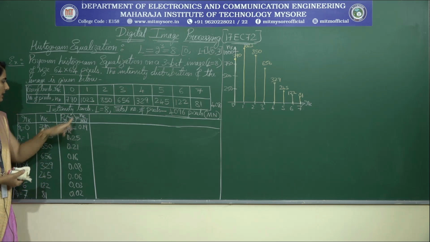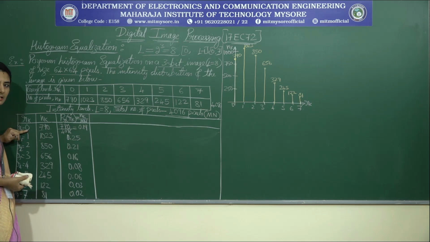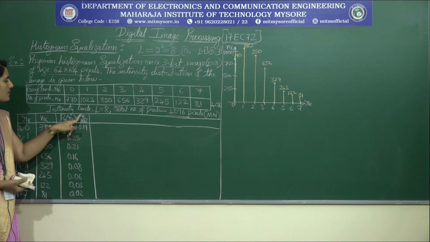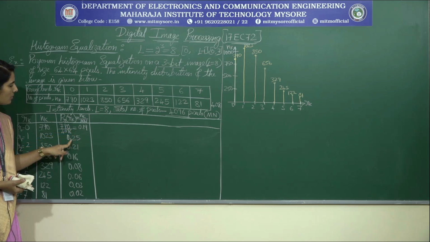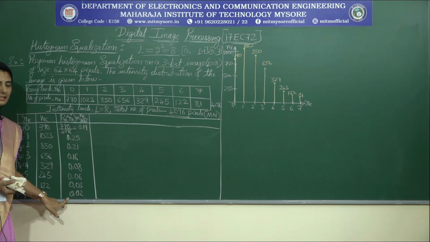Here nk represents the number of pixels having the gray level rk. So nk divided by the total number of pixels of this image gives the normalized histogram.